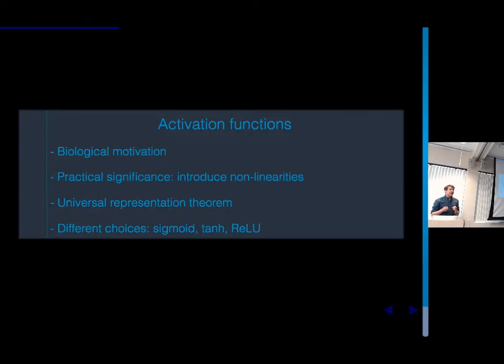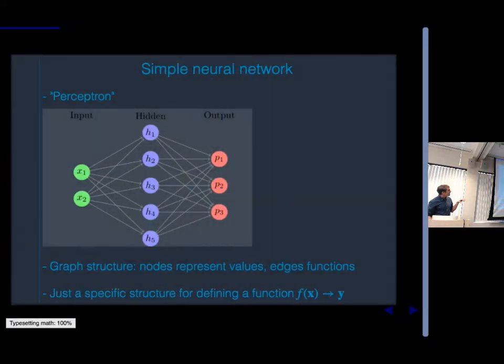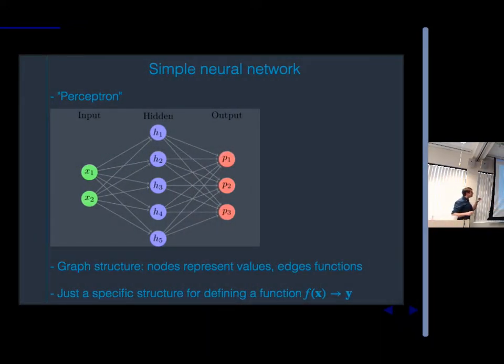I guess the most convincing reason for me why these activation functions are a good idea is the universal representation theorem, which says that if you have a single layer network like this one, and instead of just passing these values on to here, you apply some nonlinear function to each one and then recombine them, you can train a network that looks just like this, no more complicated than that, to represent any function to arbitrary precision.